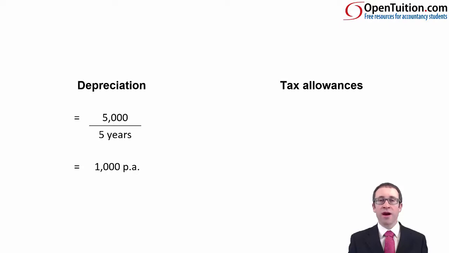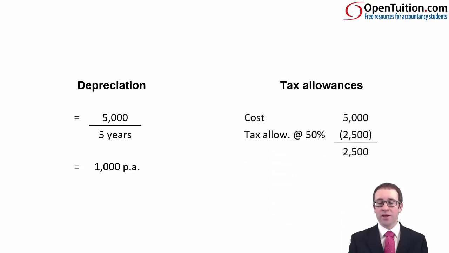The cost was 5,000 and we got a 50% allowance in the first year, didn't we? So is that 2,500? So 5,000 less the 2,500 gives me a carrying value for tax purposes of 2,500, doesn't it?